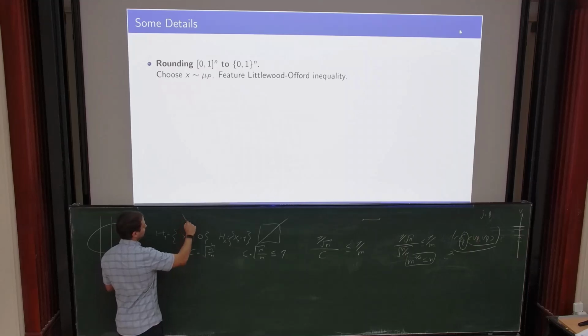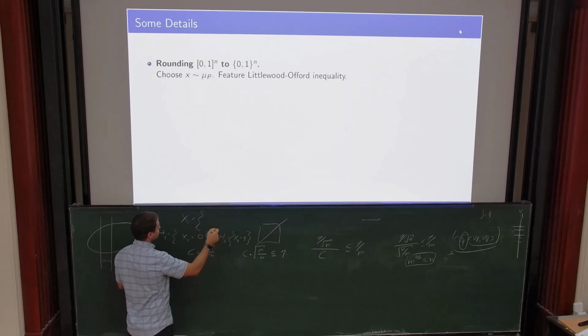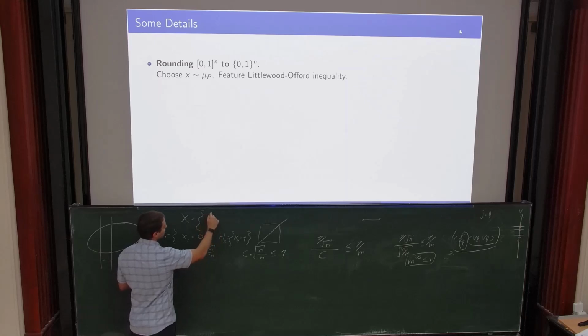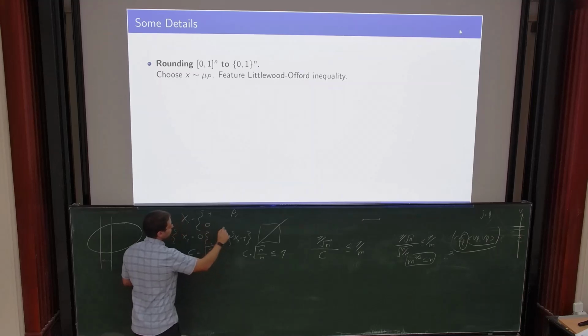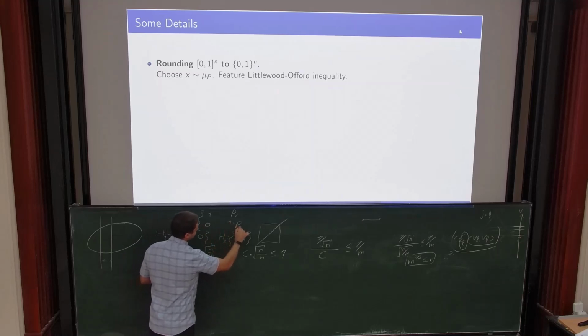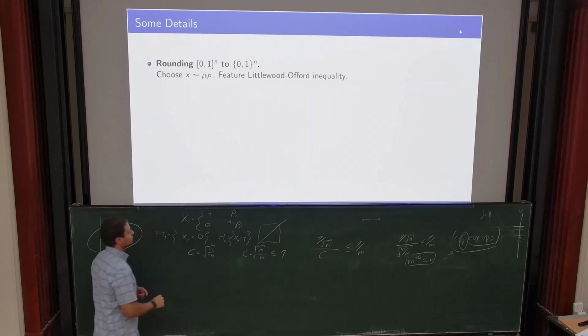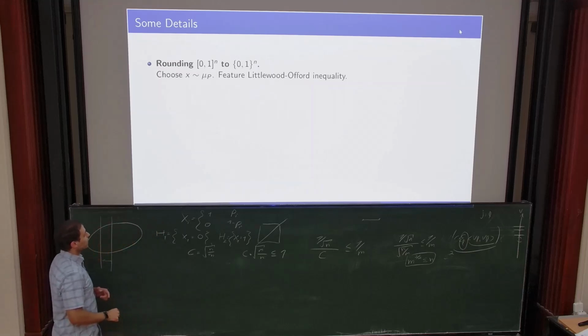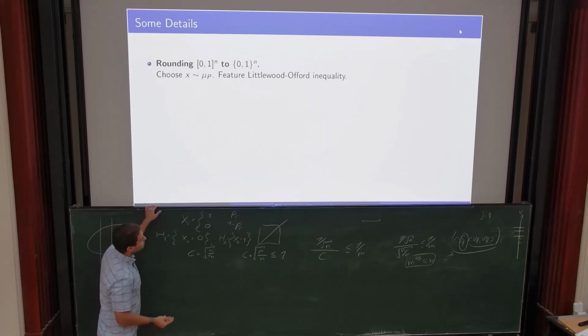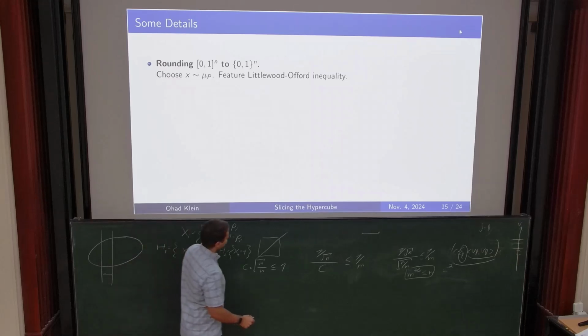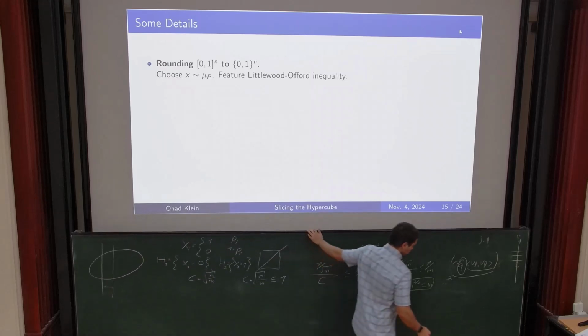We take xi, independently of the other coordinates, to be 1 with probability pi and 0 with probability 1 minus pi. I mean, x is going to behave like p, and the proof just works quite smoothly with that.